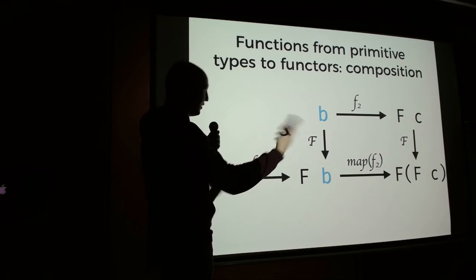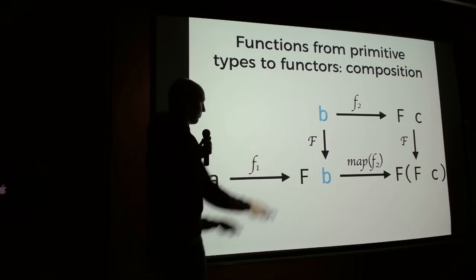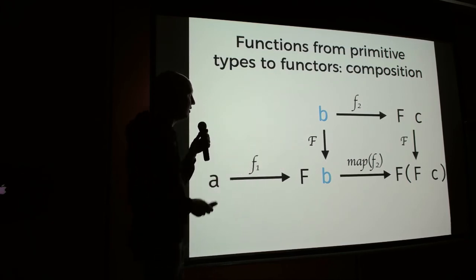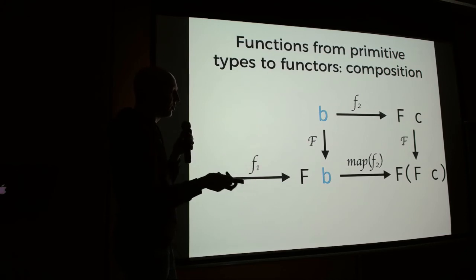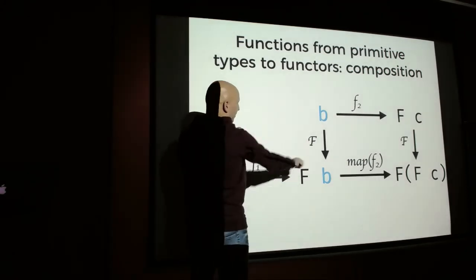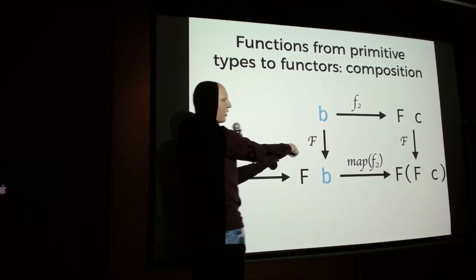Okay, so F is a functor, and we can apply it multiple times, right? We just showed that by composing different functors, but it doesn't necessarily have to be different functors. It can be the same functor all over again. So, okay, we applied it here once, and then we apply it to FC, and we get our diagram again, right?